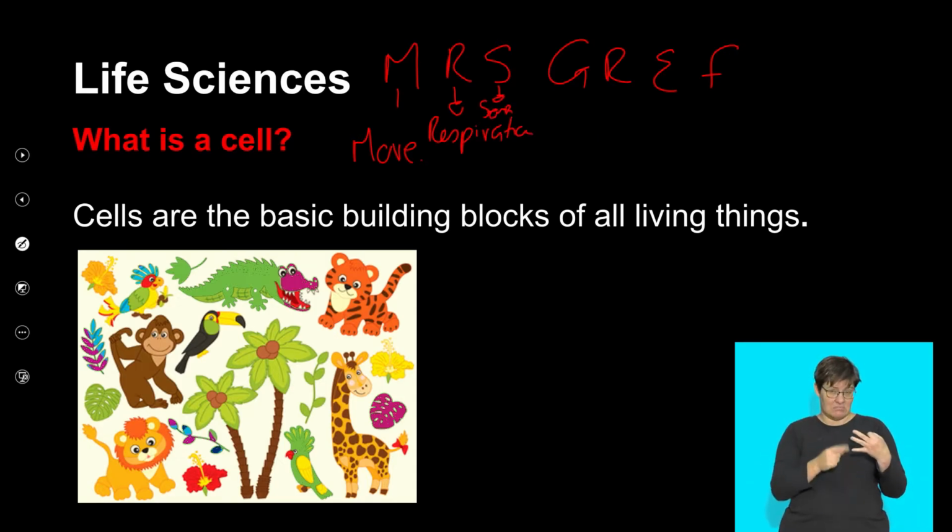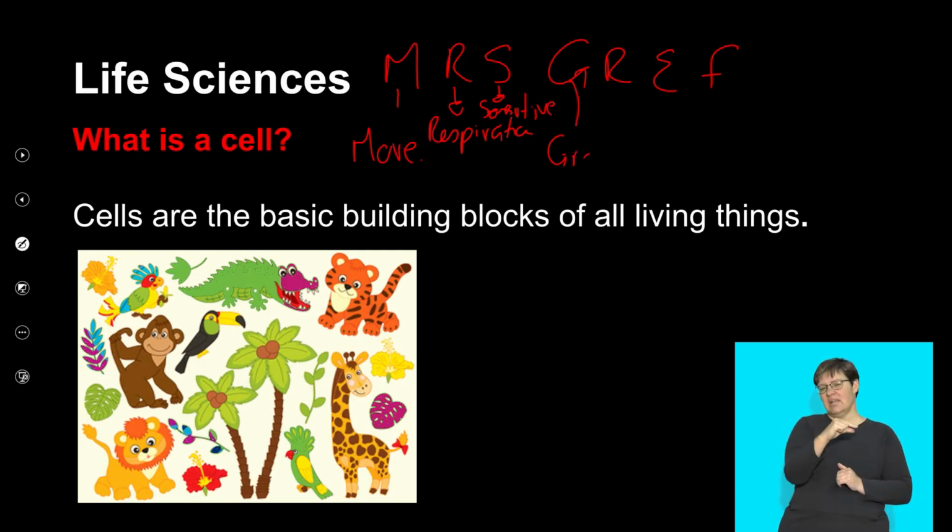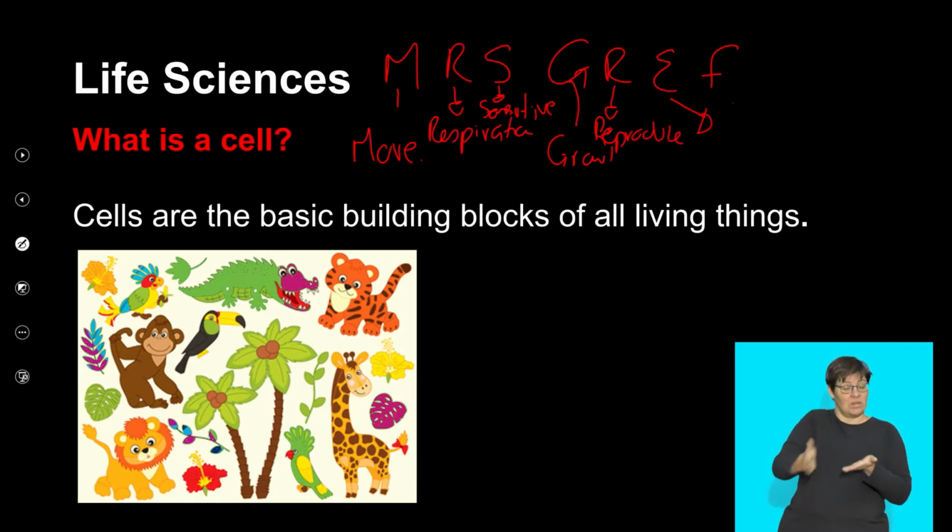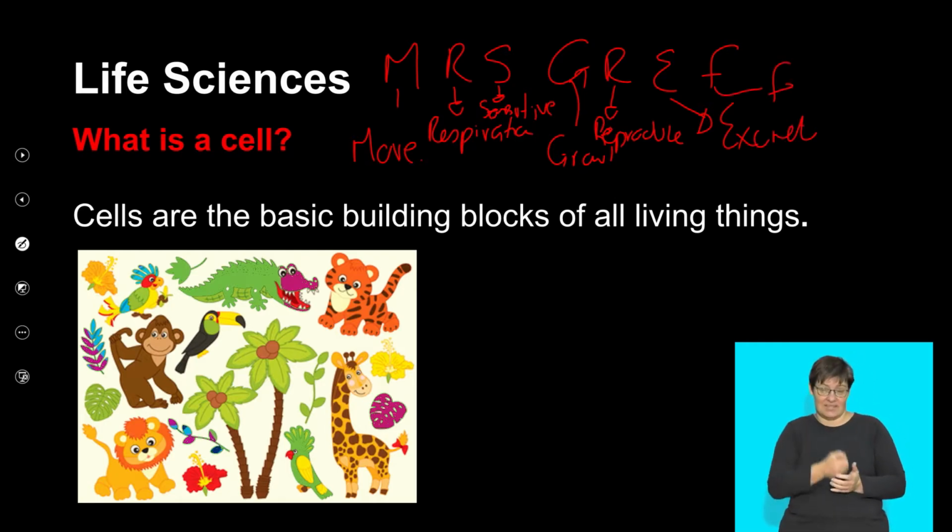That doesn't mean that they cry. That just means that they are sensitive to things around them. All living things must be able to grow, to reproduce, to excrete, get rid of wastes, and to feed. So it's a nice little acronym that I use there.